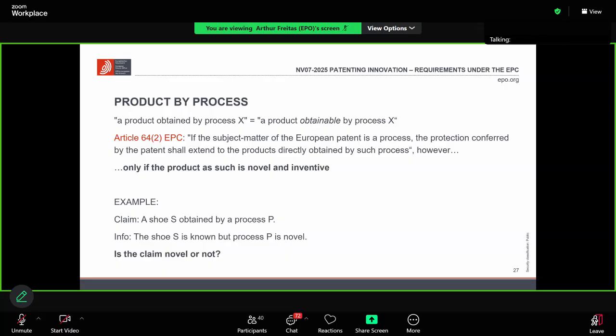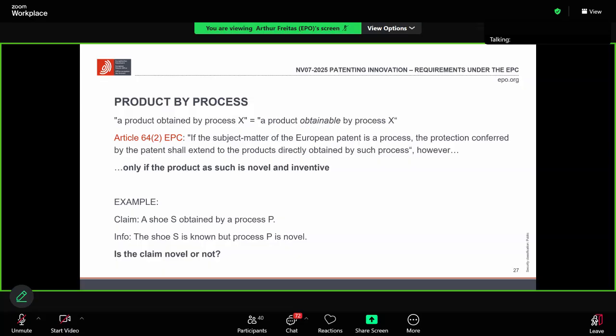Imagine the known process is that you process a shoe on an assembly line, one by one, and you buy a new machine that now processes shoes in batches of 5. The process is new, processing more shoes at once. Shoes are cheaper to produce, but it's the same shoe, and you're claiming the shoe obtained by the process. So even if the process is new and makes the shoe cheaper, the shoe is still the same. So the claim is not novel.